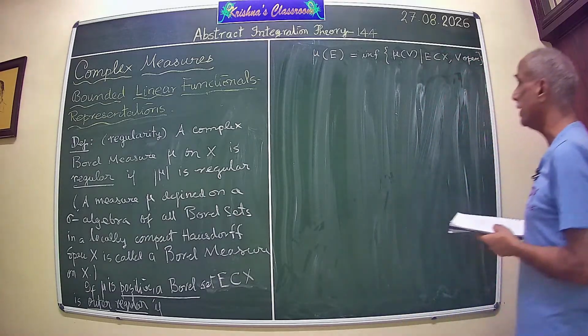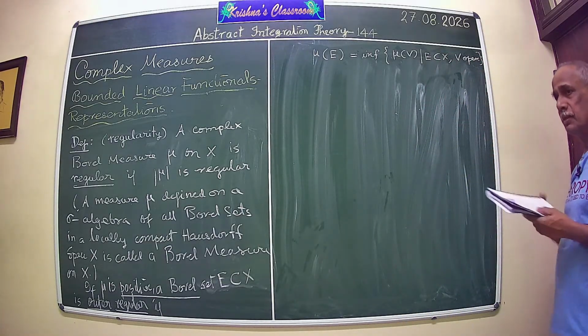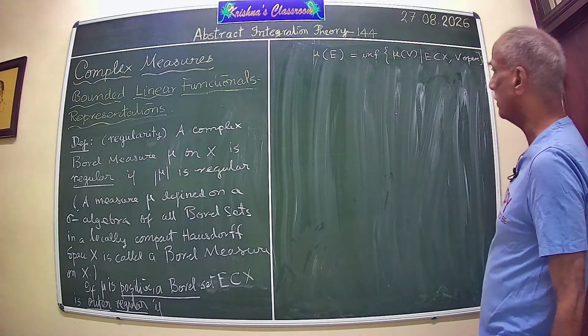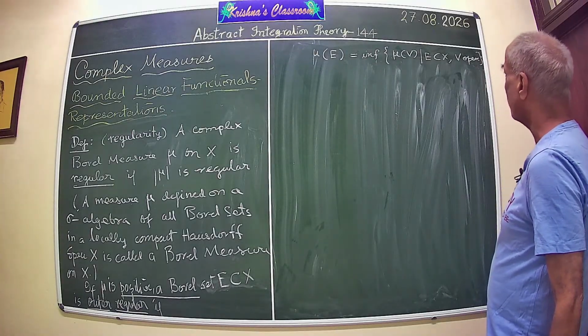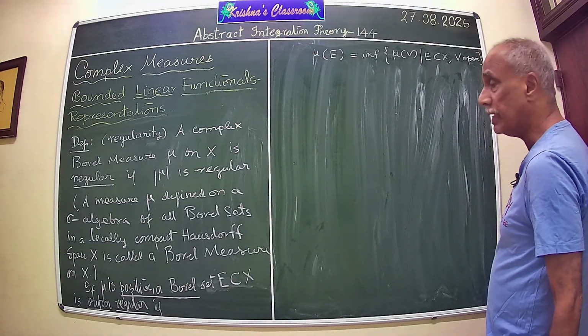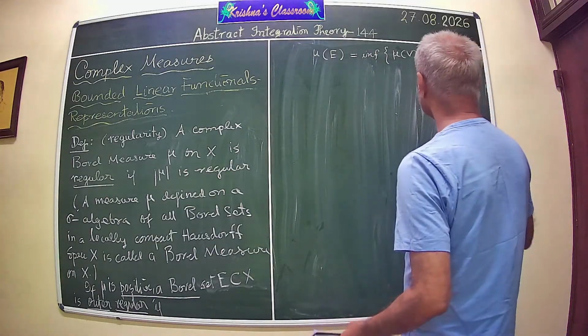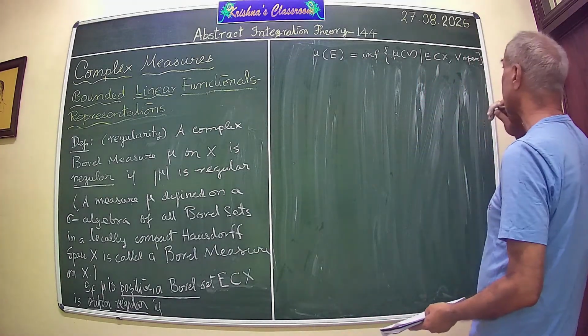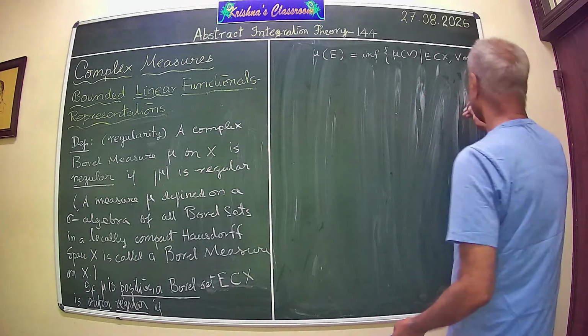That means the measure of E can be approximated through measures of V from outside.